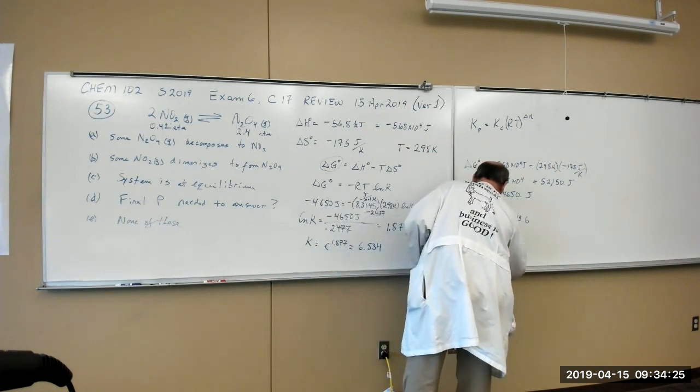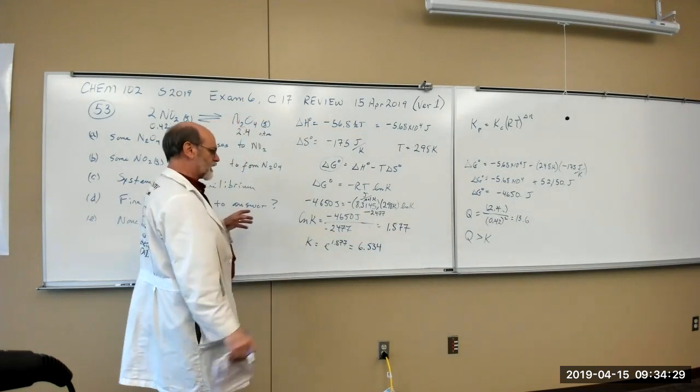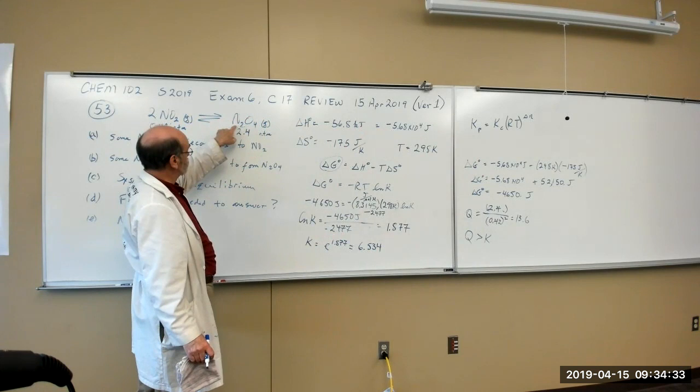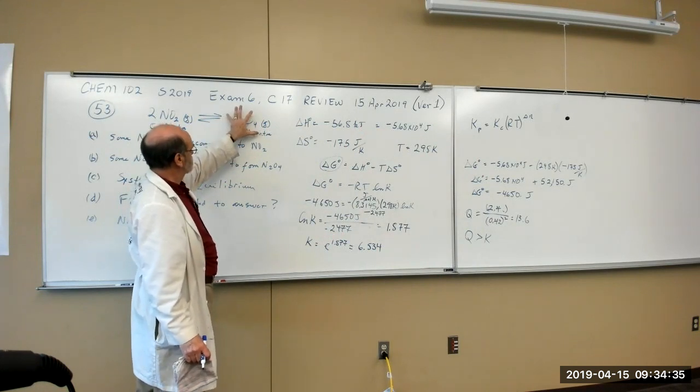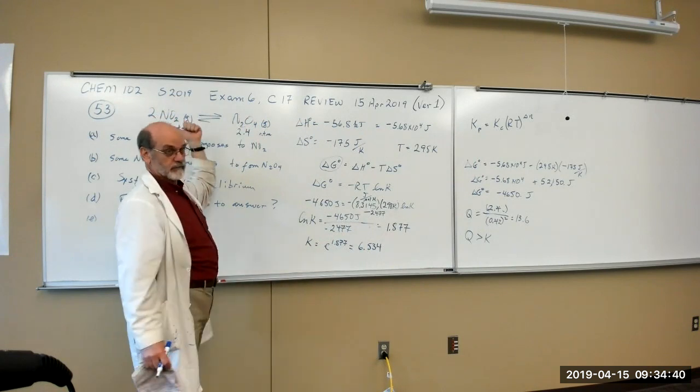Q is greater than K. So if Q is greater than K, that means that this value is bigger than that value, which means it's going back this way.